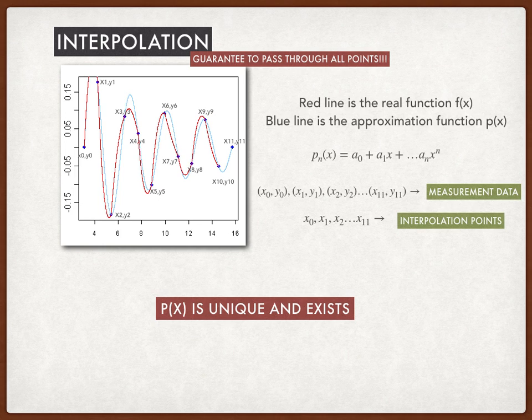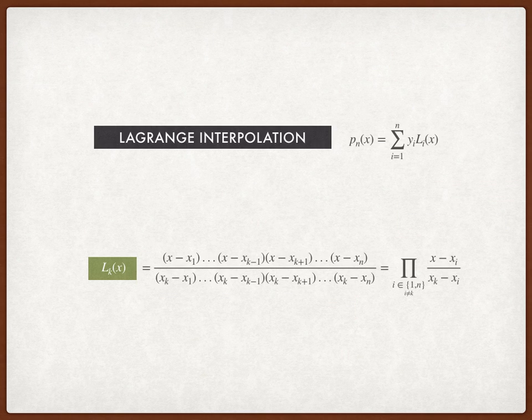Before proving the existence and uniqueness of the interpolating polynomial, we want first introduce Lagrange interpolation. Lagrange interpolation assume the polynomial Pn has degree n-1. Suppose we have n measurement data.